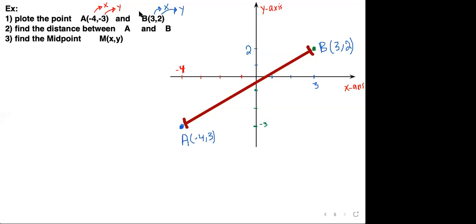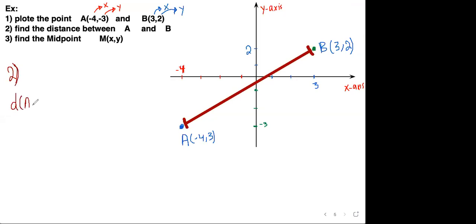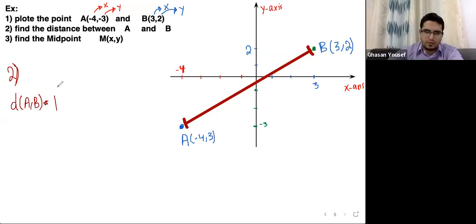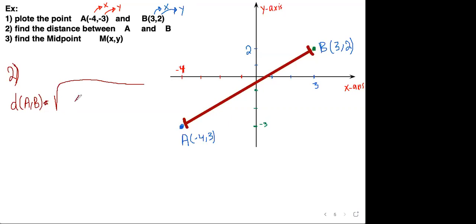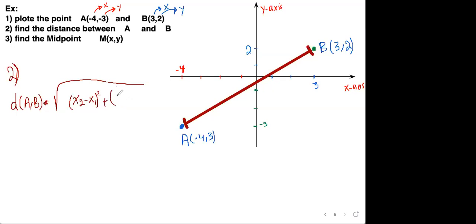What I did was substitute the x and y into the formula. So d equals the square root of... So what is the formula? D of AB equals the square root of what? x2 minus x1 squared, plus y2 minus y1 squared.